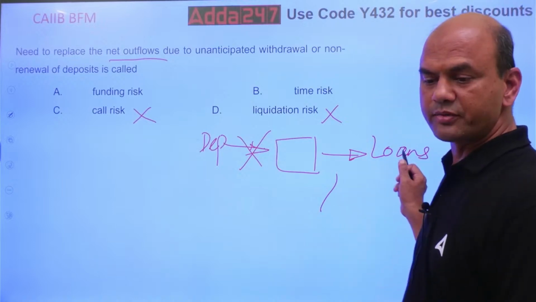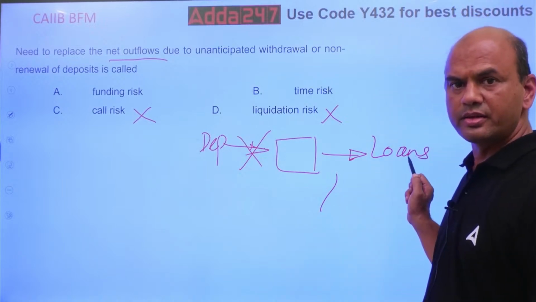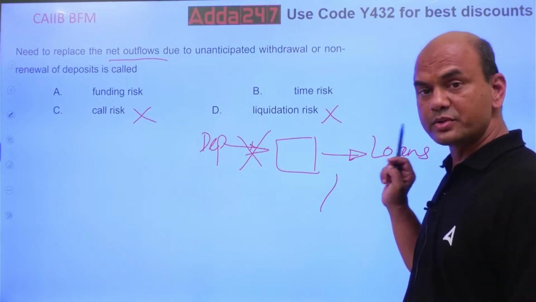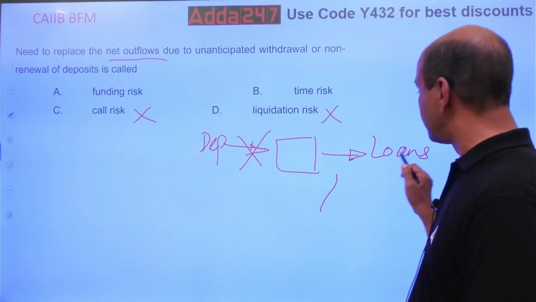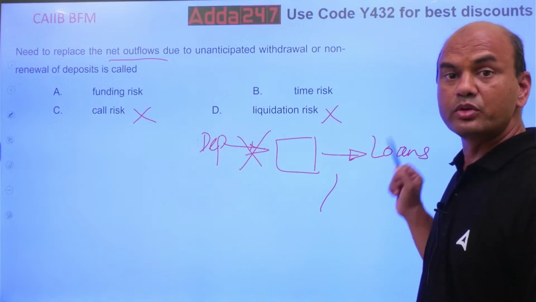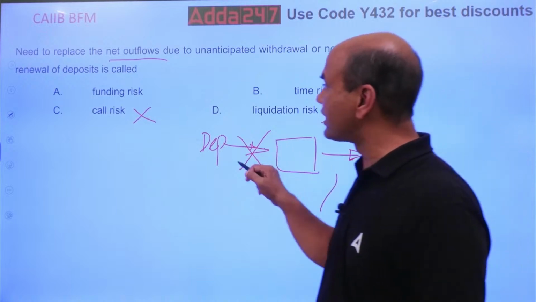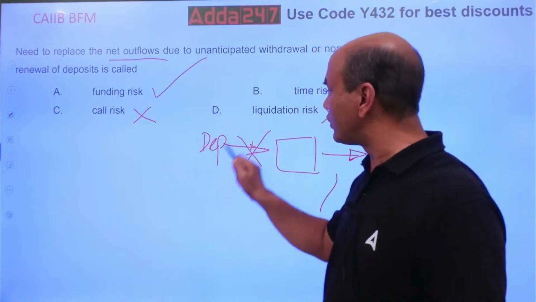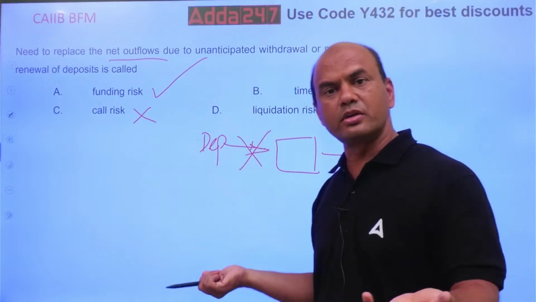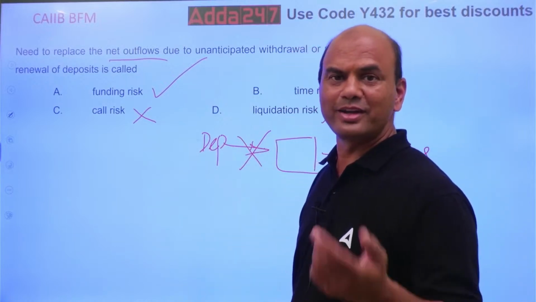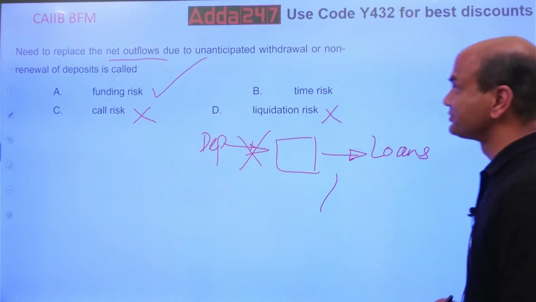These loans which I have funded, this person will give me the return, but if the situation goes down, this person will also not pay me. In COVID, what happened? There were a lot of defaults. So this will create a funding risk for me because I don't have money. This money is gone. Nobody is giving me money. That will lead to a funding risk. Most appropriate answer. Got it?